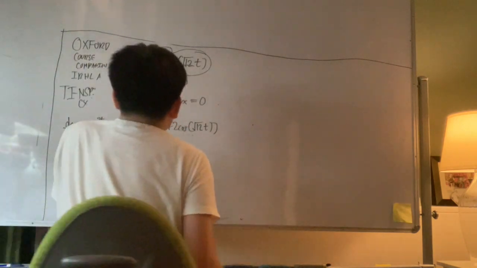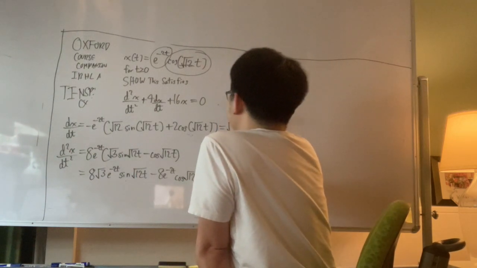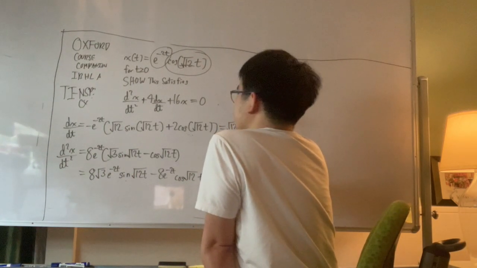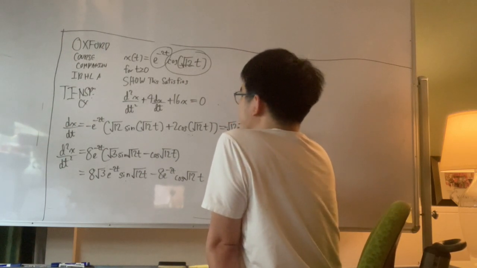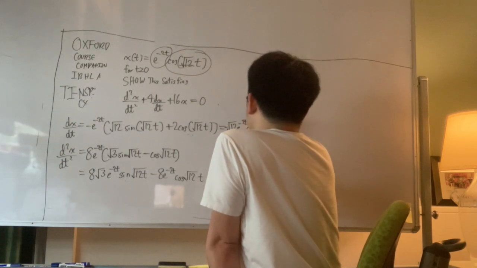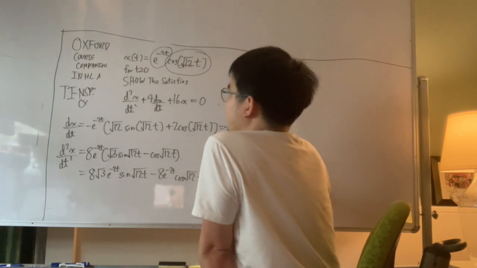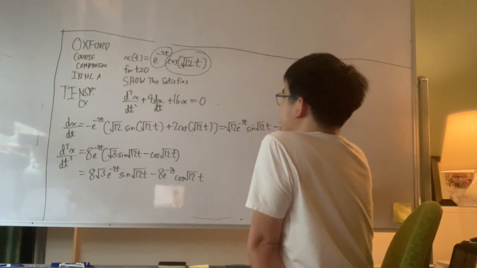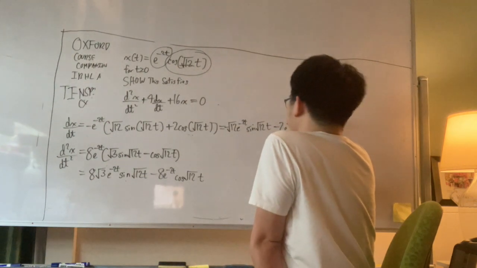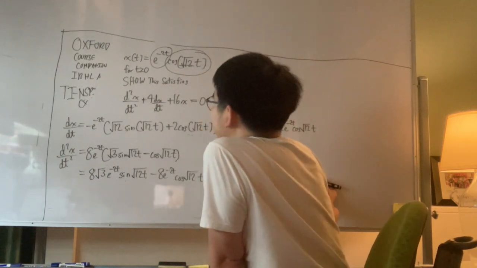Like that, and then this becomes, sorry, minus square root of 12 e^(-2t) sine of square root of 12t, minus 2e^(-2t) cosine of square root of 12t.